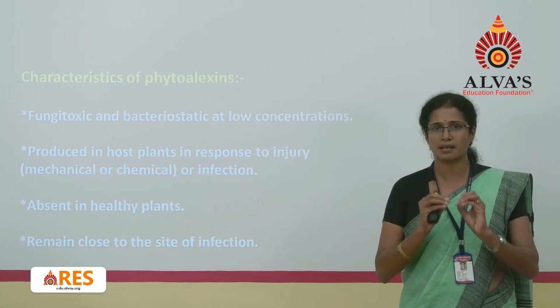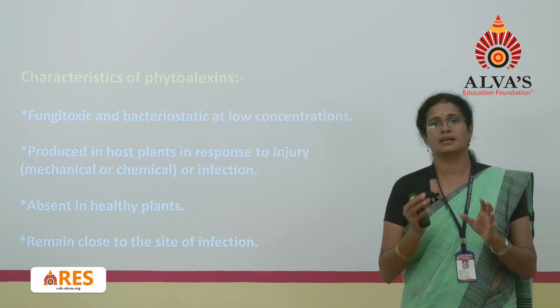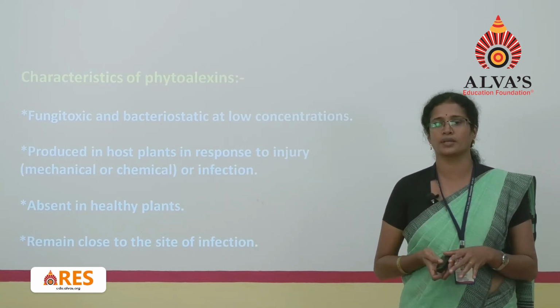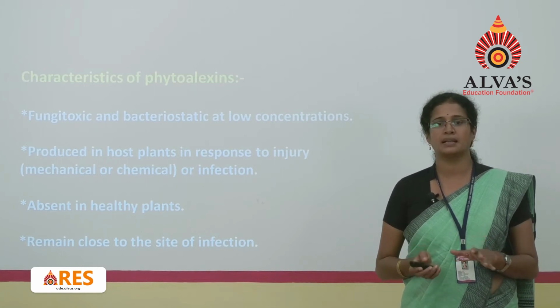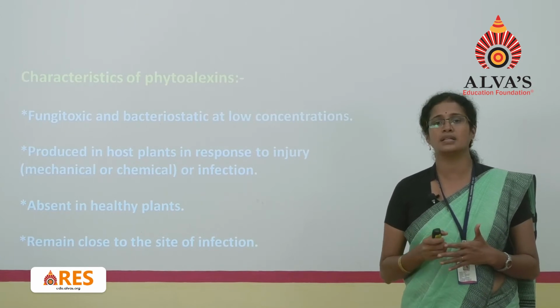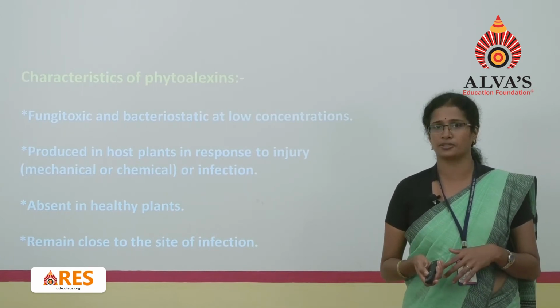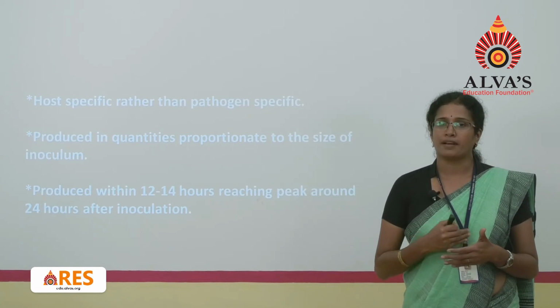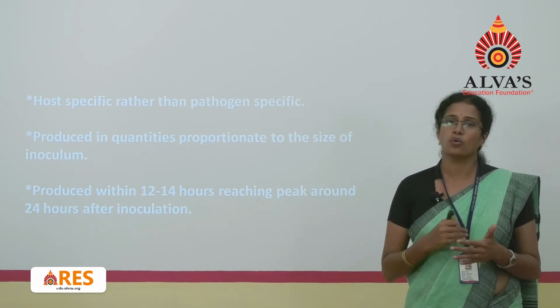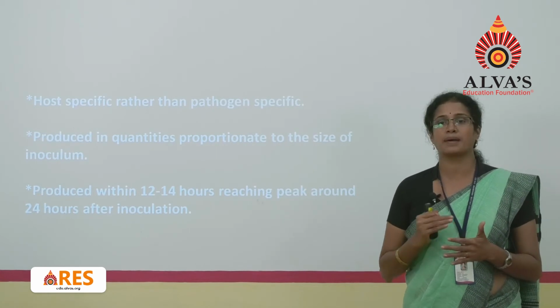It might be during the process of injury or it might be the infection. So, there should be a signal or a process for these phytoalexins to be produced. Okay. Naturally, phytoalexins are absent in healthy plants and very commonly these phytoalexins are produced near the site of infection. The phytoalexins have a particular property that they are host specific rather than pathogen specific.